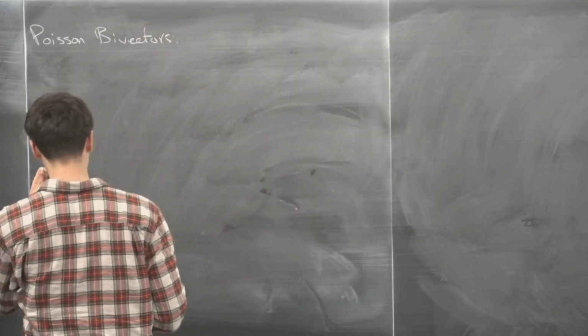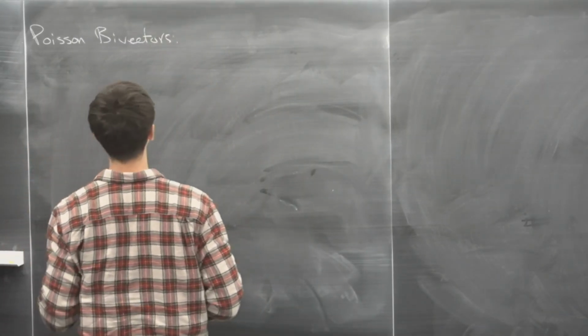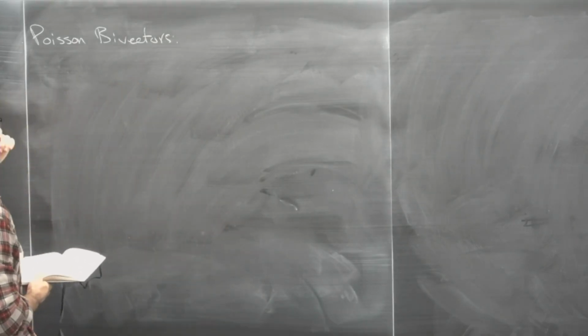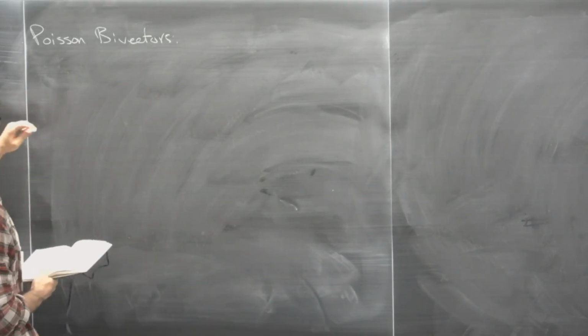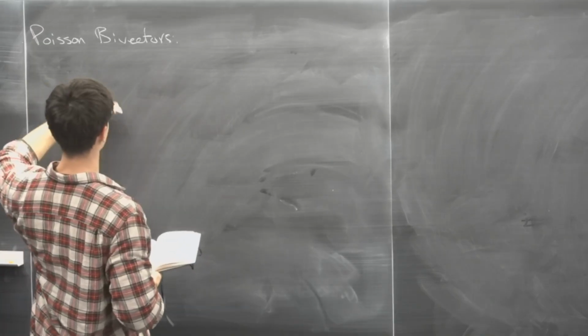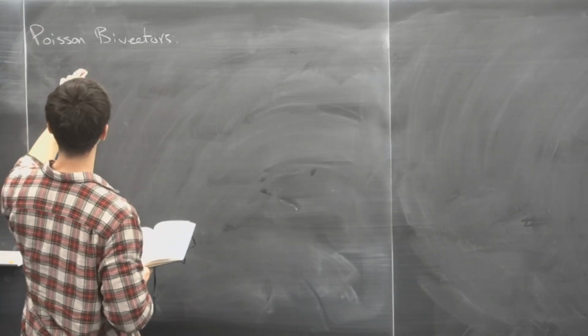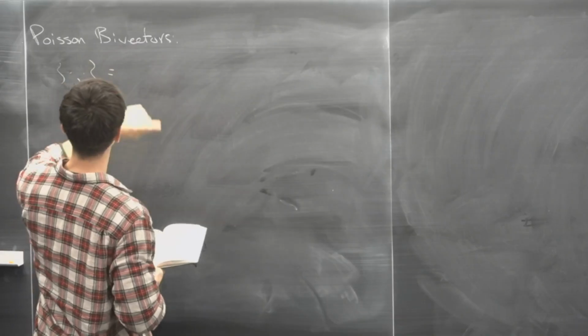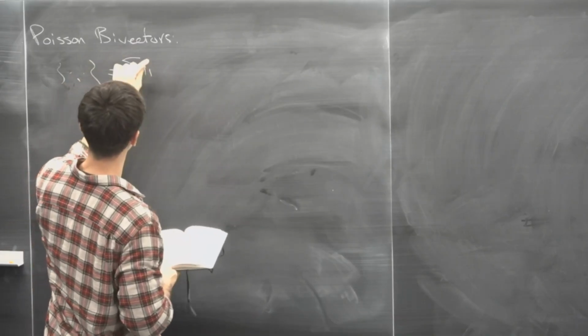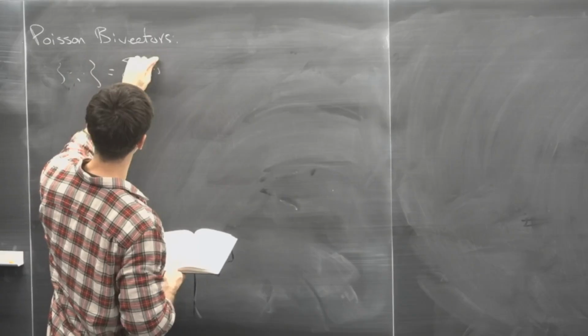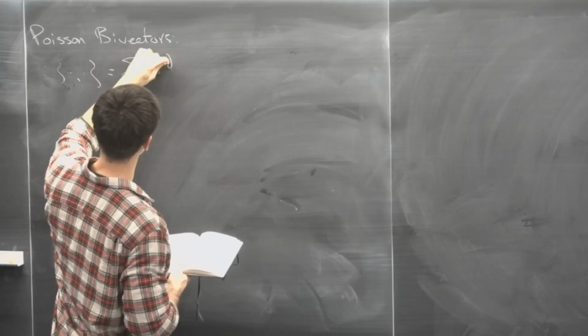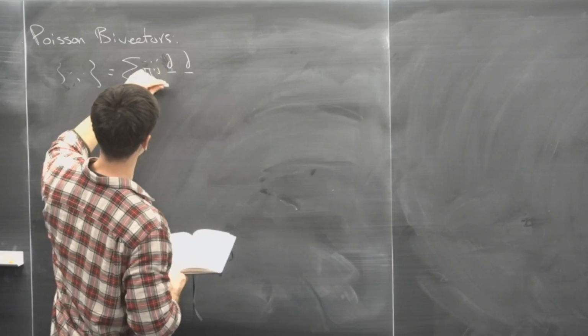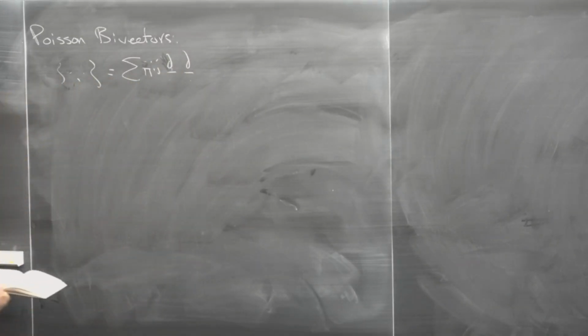So a Poisson bivector, before we look directly at Poisson bivectors, we can recall the form that we had written the bracket in before. We had written it as the sum of smooth functions, partial, with respect to our basis. And there's another way that we can look at this.